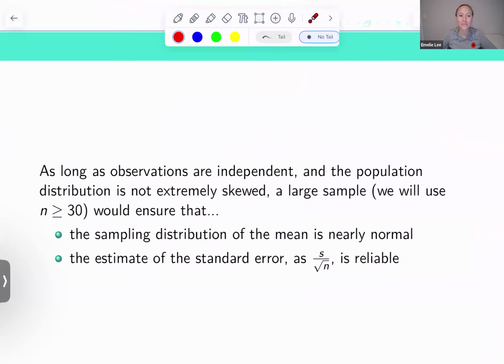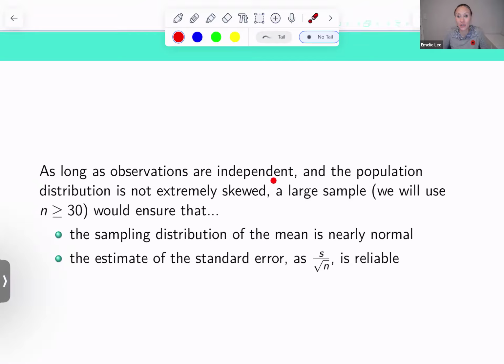Now, we know we have our conditions to check. For means, the conditions are relatively simple, again, just like the chi-squared. As long as observations are independent, that's always one of them.